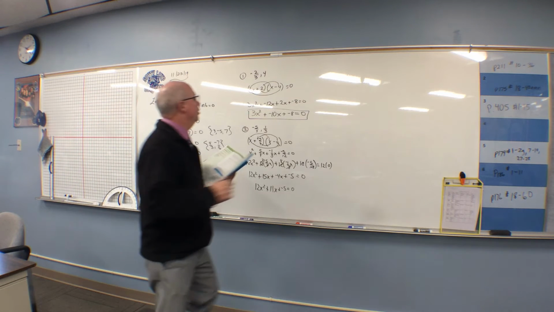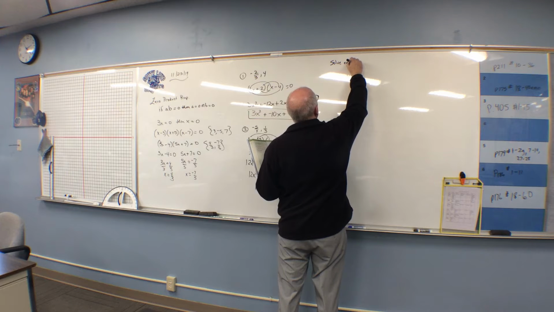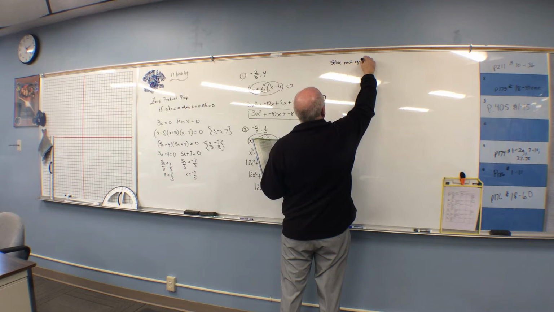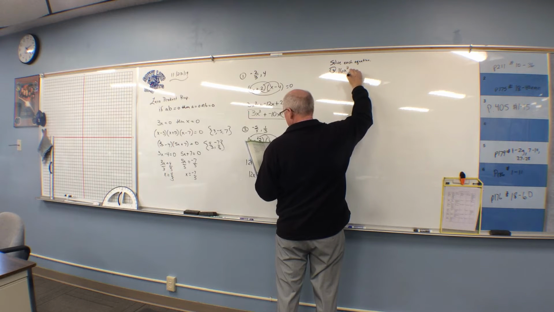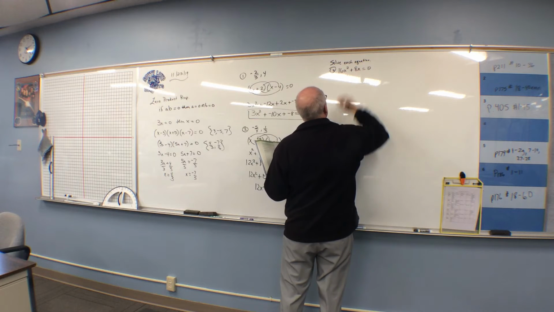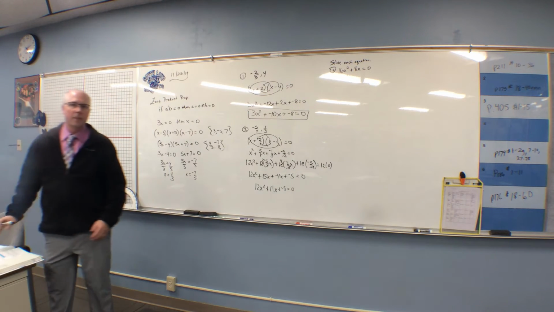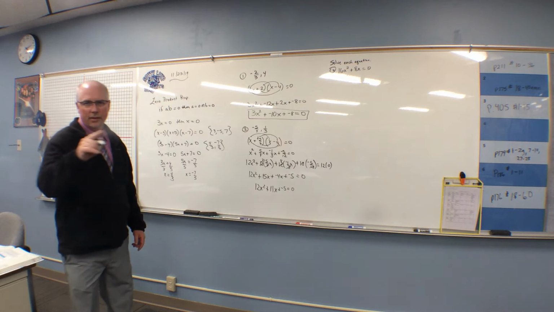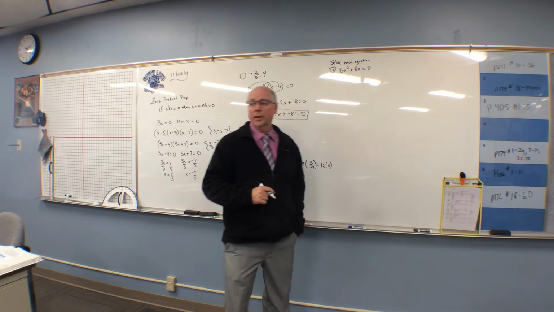Solve each equation. 16x squared plus 8x equals 0. This is not a trinomial.